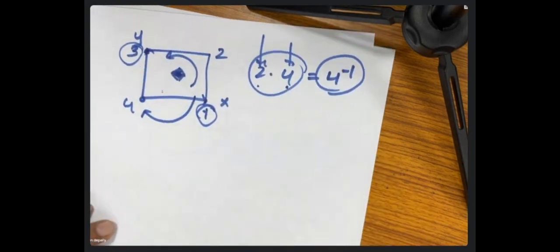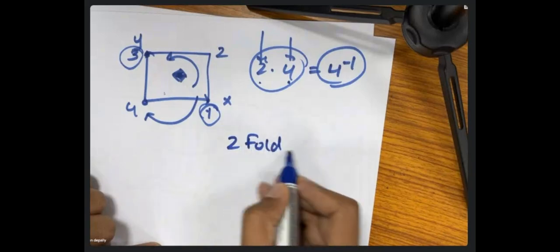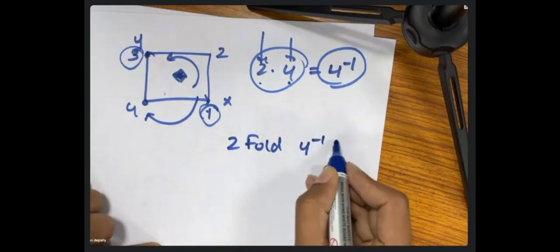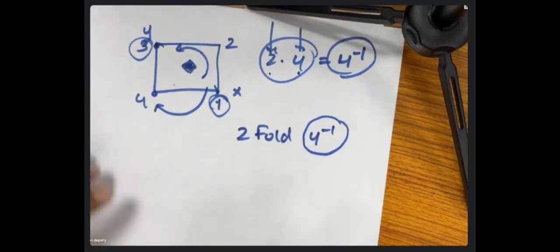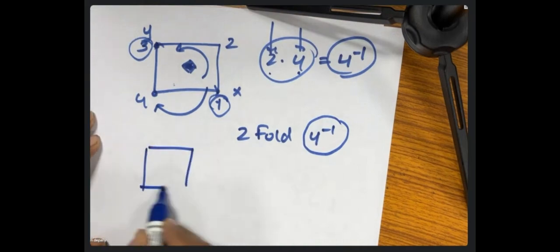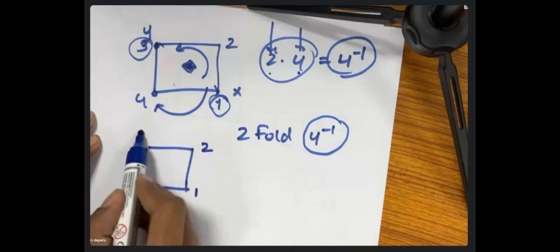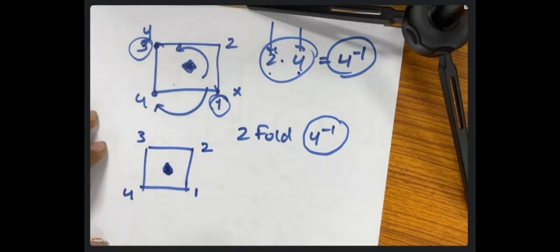Now twofold followed by the fourfold inverse. Now we have to go with the next one. That is a twofold. We are doing the twofold and then the fourfold inverse. That is, in the clockwise manner we are doing the fourfold. Let's do it. 1, 2, 3, 4. These are the 4 points which we will focus on. This is the rotation axis.